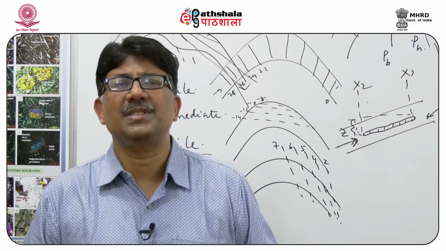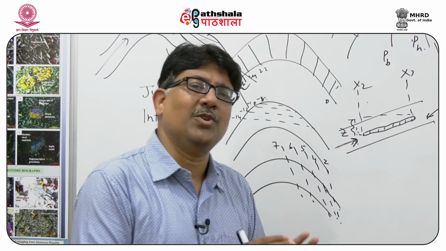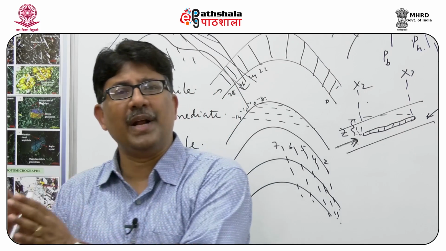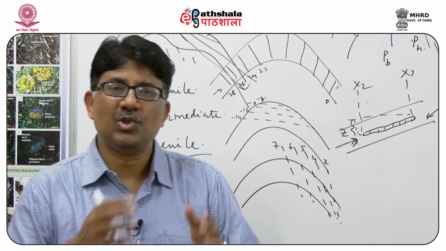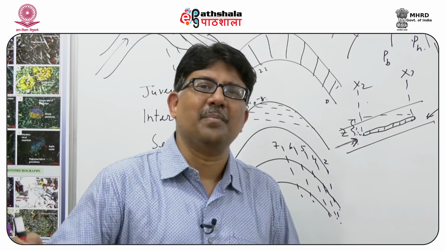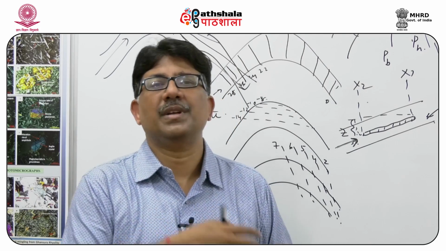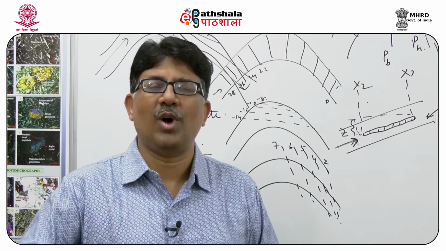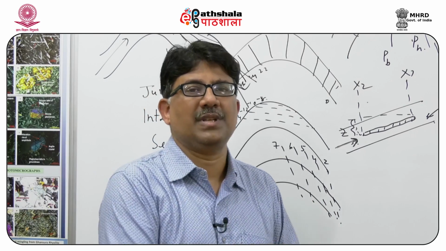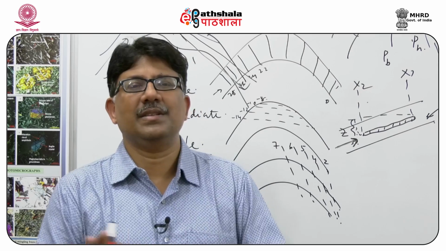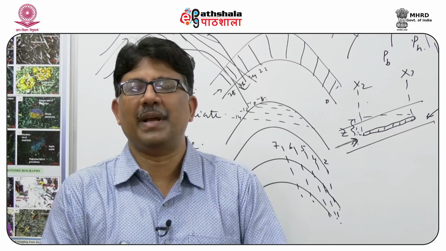In a petroleum system, where the hydrocarbon forms, we do not get hydrocarbon at that place; we get it in another place. So there is a major role of the carrier bed, and how it takes the oil from one place to another depending on hydrostatic or hydrodynamic condition.